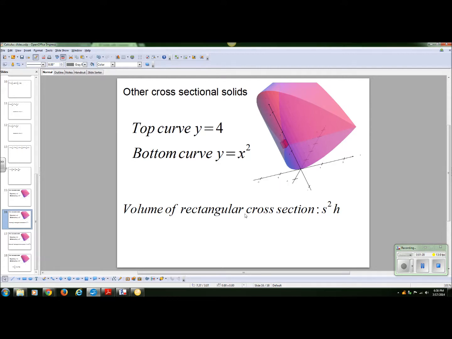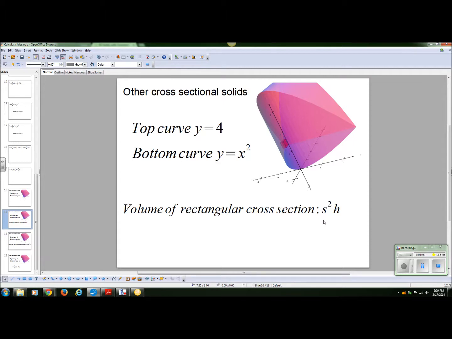Okay, so that leaves us with a couple things to deal with. What is s squared in the context of y and x, the variables we're actually dealing with? And what is h in terms of those variables? So h is really just our delta x. It's the change in x from here to here.